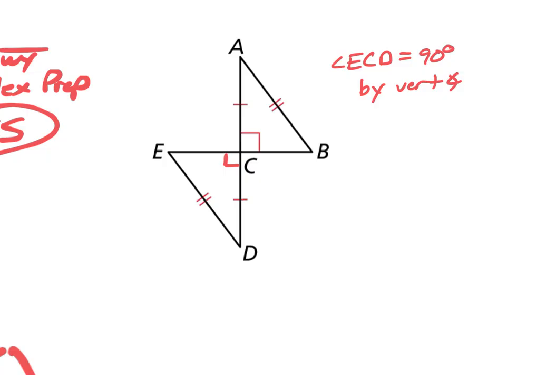So we can't do side, side, side. So the only one we have left is HL, okay? And what do we need for HL? Well, we need a 90-degree angle. Boom, okay? This side right here is my leg, and this side here is my hypotenuse. So we would say these two are congruent because of the HL theorem.